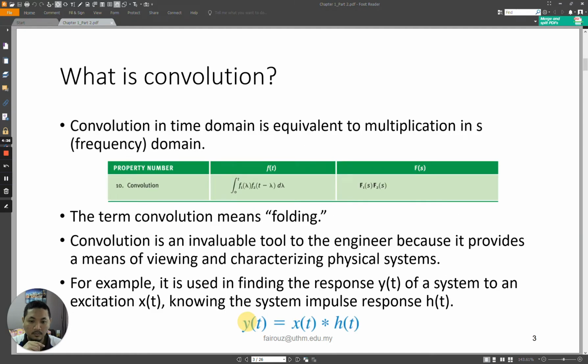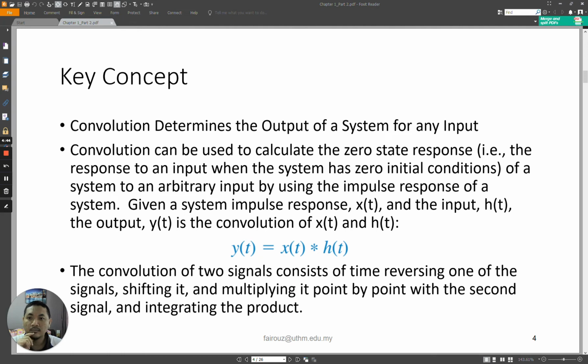This is the symbol of convolution, not multiplication. So you need to convolve the input and the system. That's the idea. Convolution determines the output of a system for a given input.